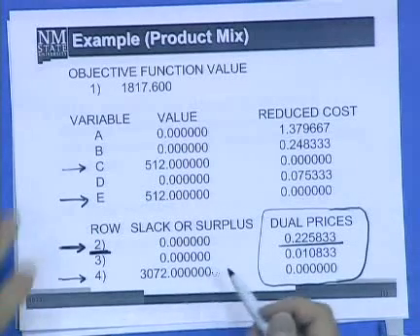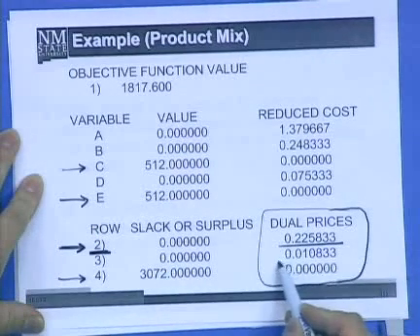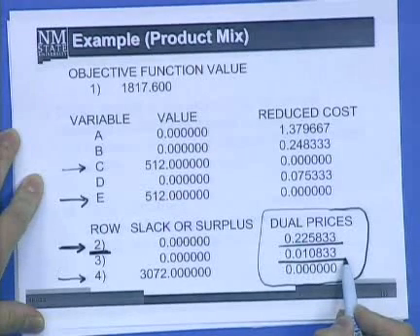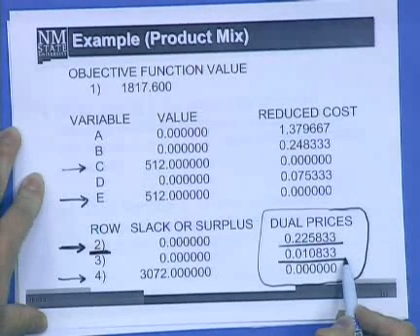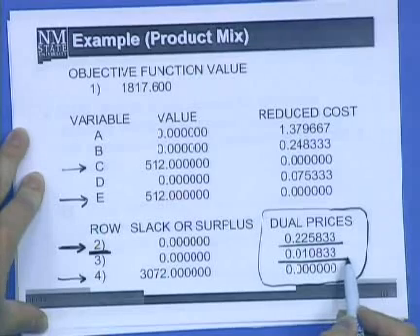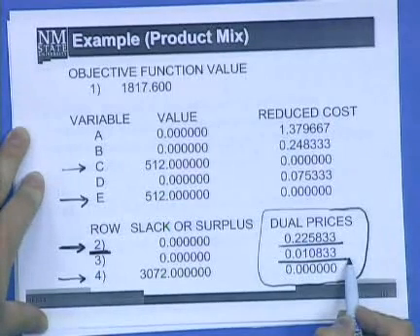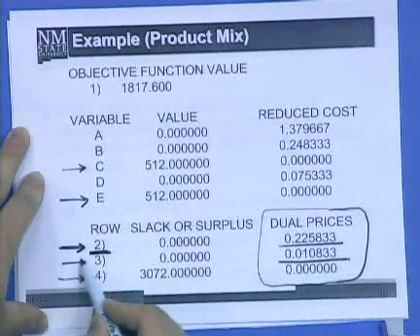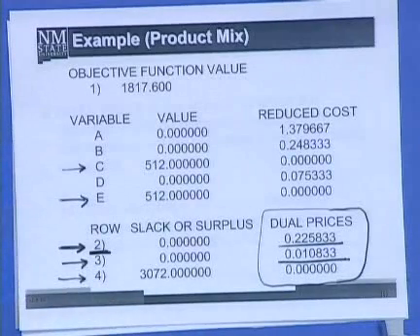And the profit will increase $0.010833 per additional minute of available time on machine number 2. Is that right?